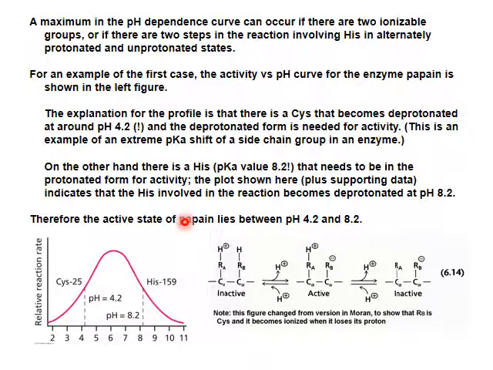So the unique environment of the enzyme active site can change these pKa's quite a bit. The pH here would have to be between 4.2 and 8.2 if you want some kind of enzyme activity. If it drops too low or too high, you're protonating something that shouldn't be protonated if you're down here, or deprotonating something you shouldn't be deprotonating up here. So pH, again, is very important for whether the residue is protonated or not.